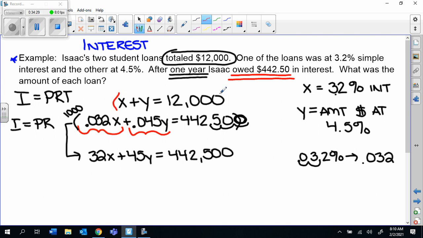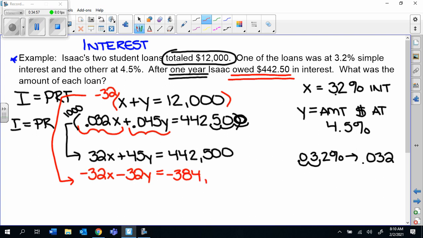All right. I'm going to take that top equation and multiply it by a negative 32, and I'm going to write it right under here. So this equation is going to go right here. Minus 32x minus 32y equals, multiplying 12,000 by a negative 32 gives me negative 384,000.